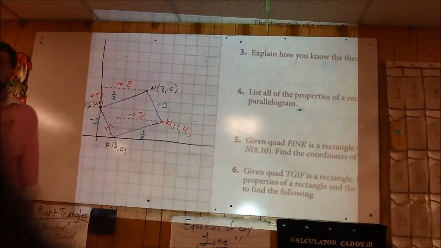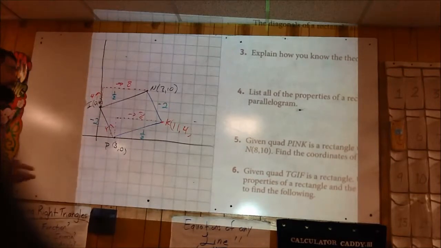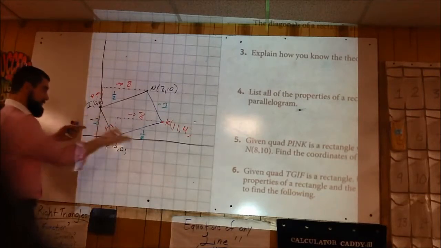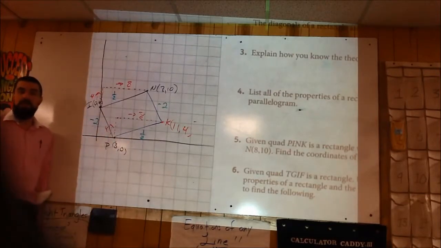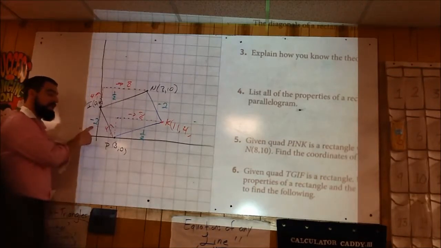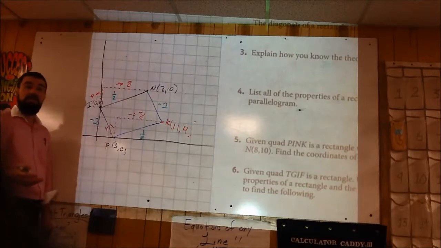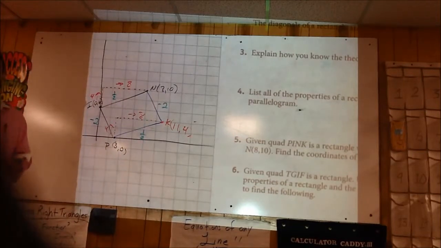And so just as Grayson pointed out, the consecutive sides are perpendicular. So you should notice that with your slopes as well. Your slopes should always be opposite reciprocals. Opposite meaning different signs, and then reciprocals talk about the fractions. So if this is negative 2 and positive 1/2, that makes sense. That these consecutive sides are perpendicular.